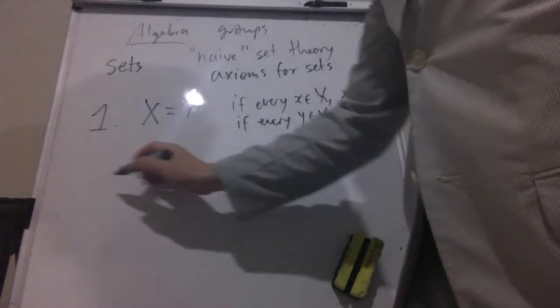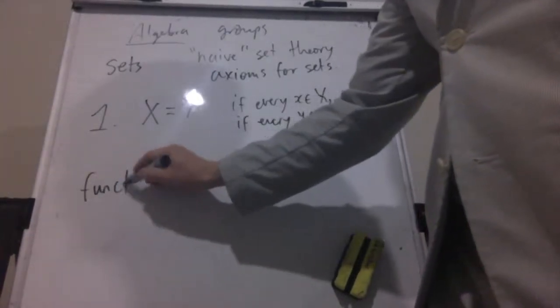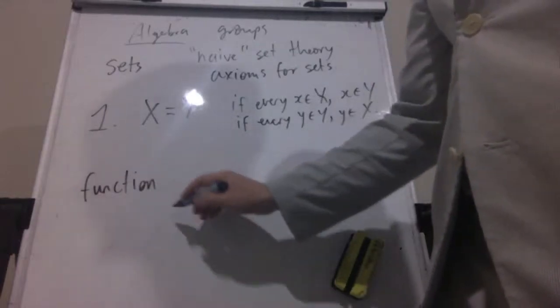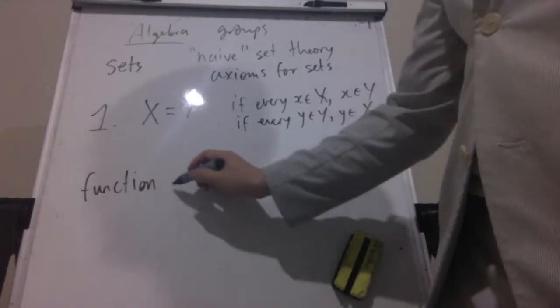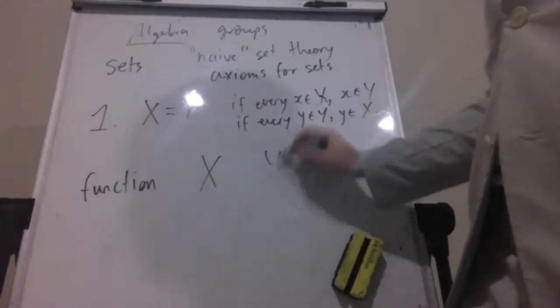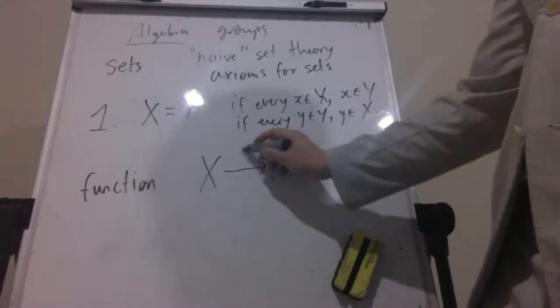So what is a function? Basically, we might write it like this: you have two sets, x and y, and you draw an arrow and call it f.